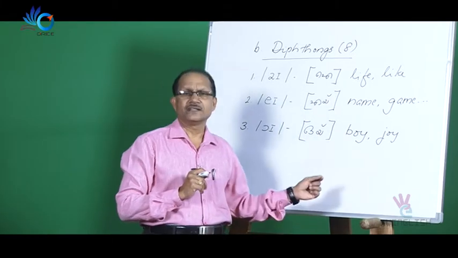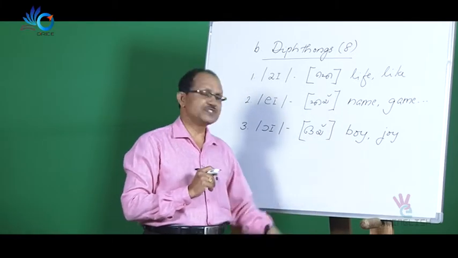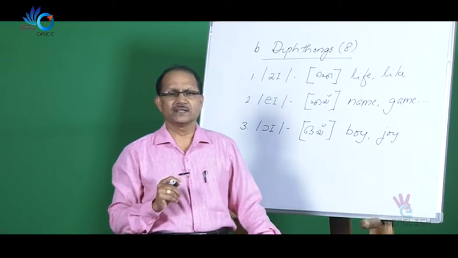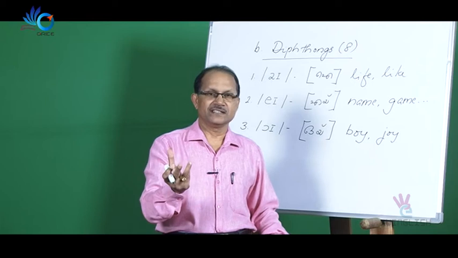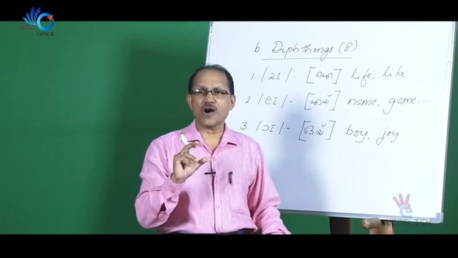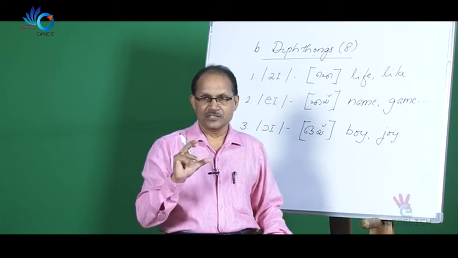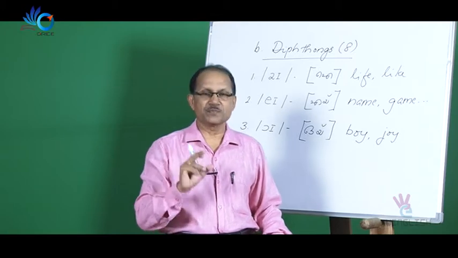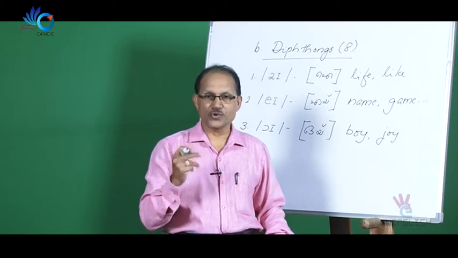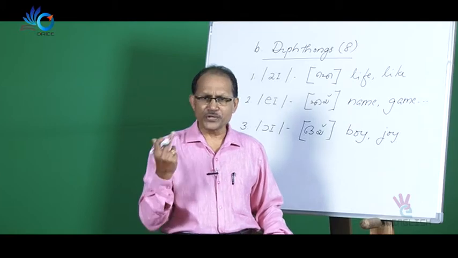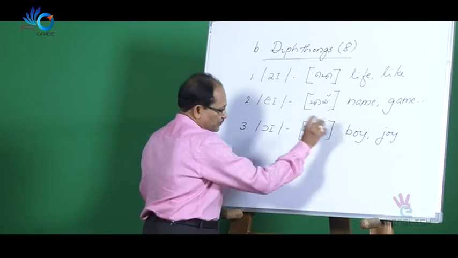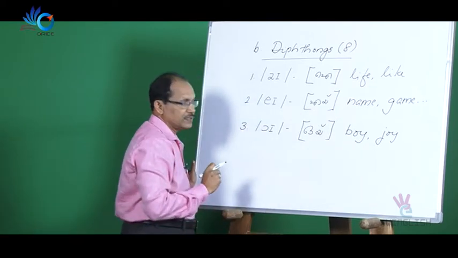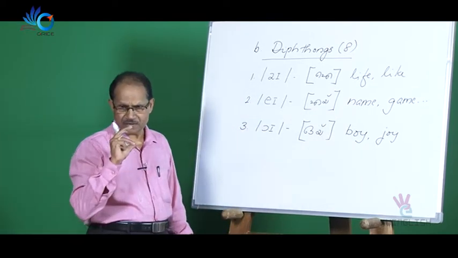Normally, how do we pronounce these words? B-O-Y? We pronounce as boy. Instead of the diphthong oi, we use pure vowels, boy like that, or joy like that, join. No, we have to use the diphthong here. It is boy, joy, a clever boy we say.